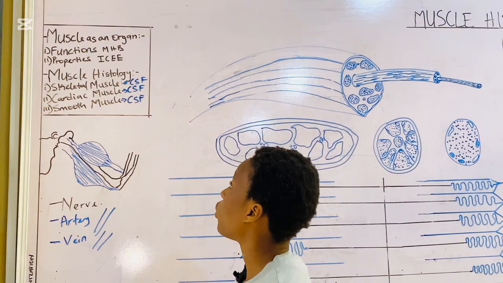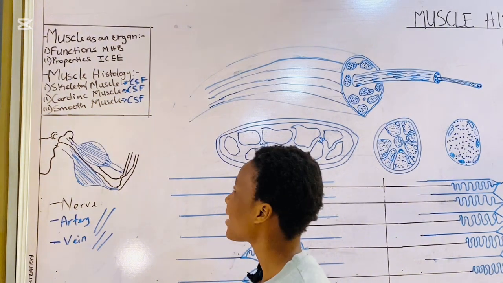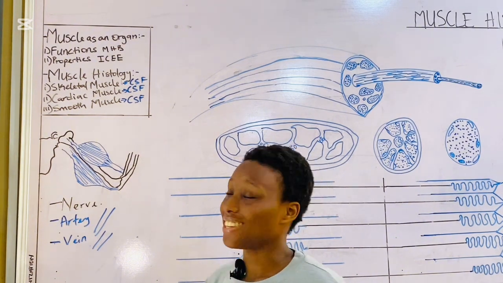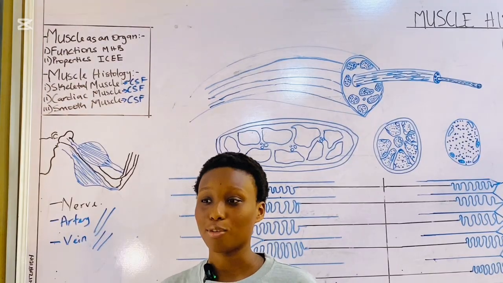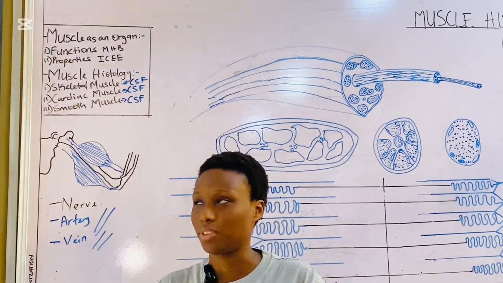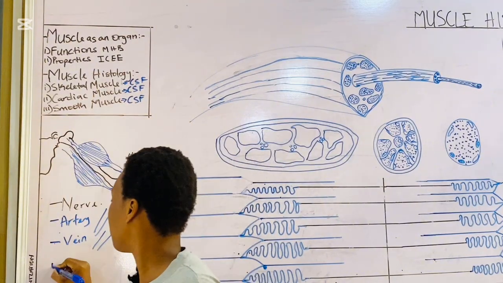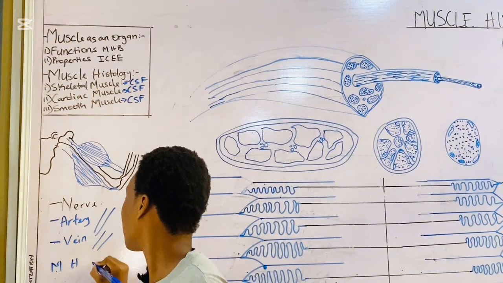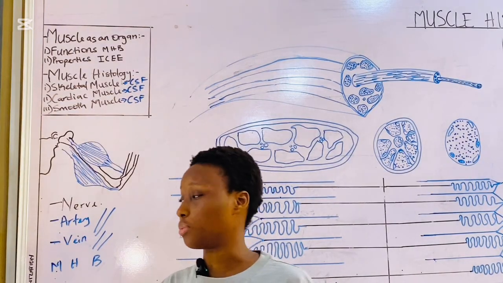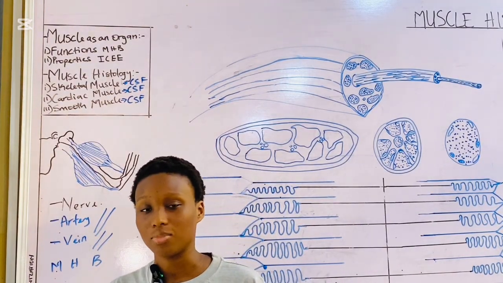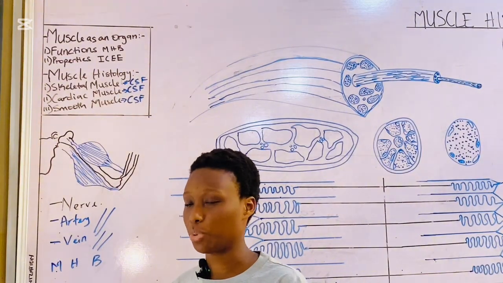Great. So we're going to talk about the functions of muscle now. There is an acronym for the functions of muscle, and you need to use it for this particular purpose only. The acronym is MHB. For remembrance purposes only, you can keep it as my hot body.